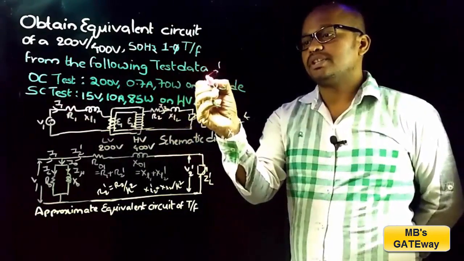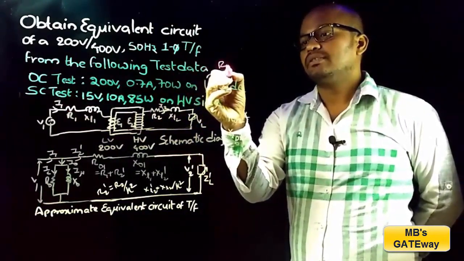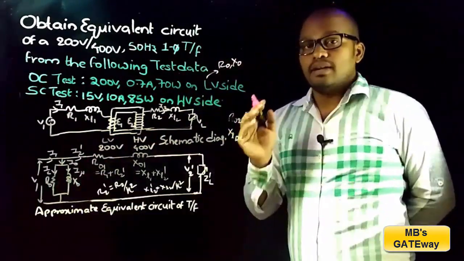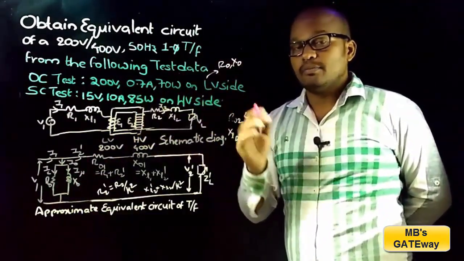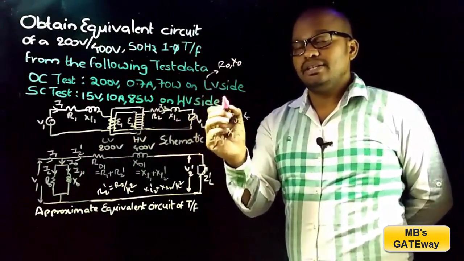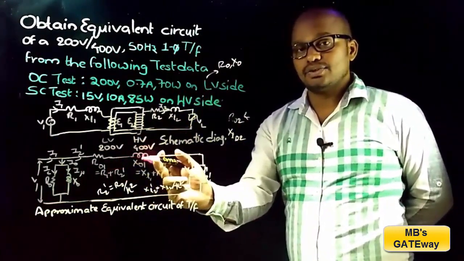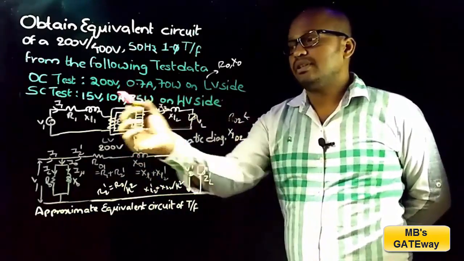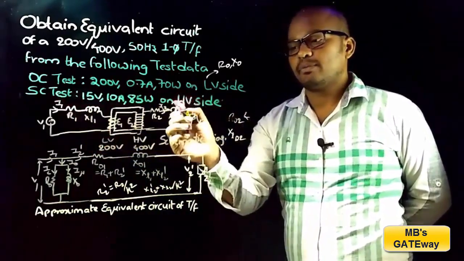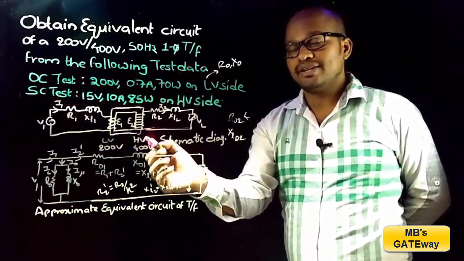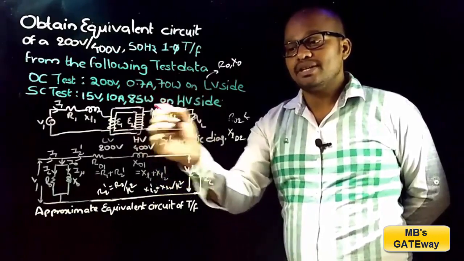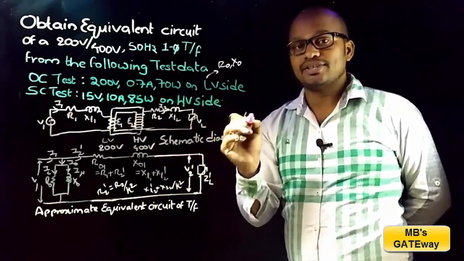From open circuit test data we can find the shunt branch elements R0 and X0, and from short circuit test data we must first decide whether we are getting R01 and X01 or R02 and X02. And observe here that short circuit test is performed on HV side, and here HV side is secondary side of the transformer. So from this data we are getting R02 and X02.